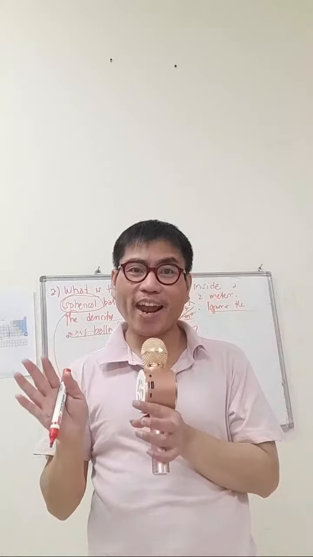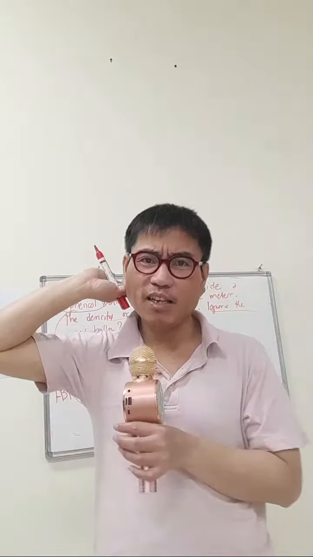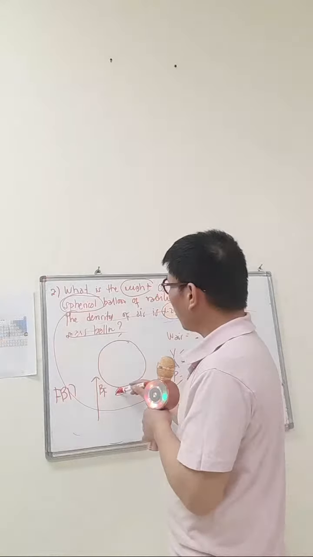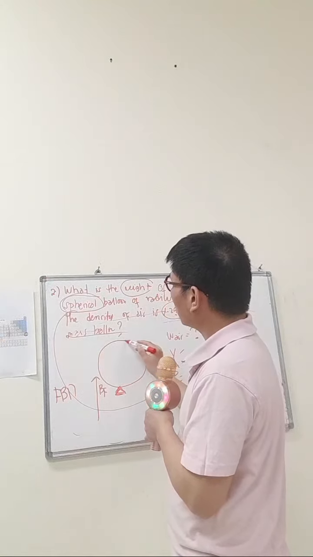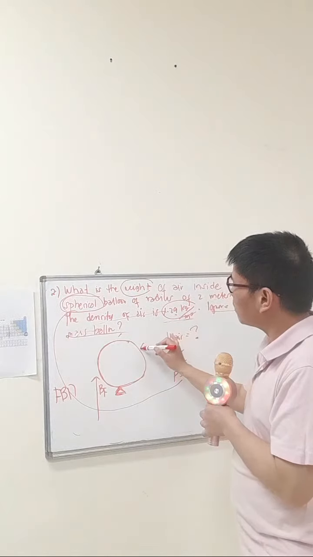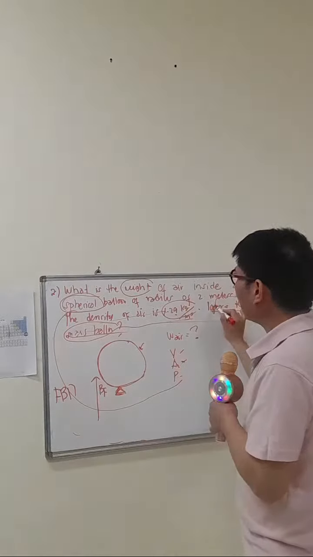This is the air that makes it go to the sky. It will push it to the sky. Now we also have the weight of this balloon, but he said the balloon mass is being neglected. But we don't neglect the weight.